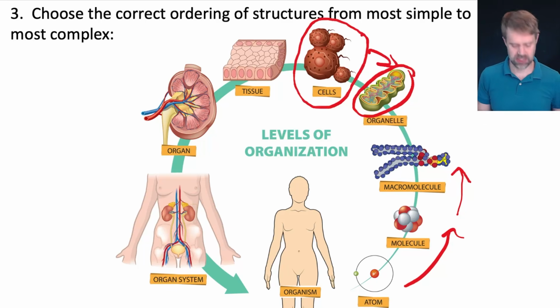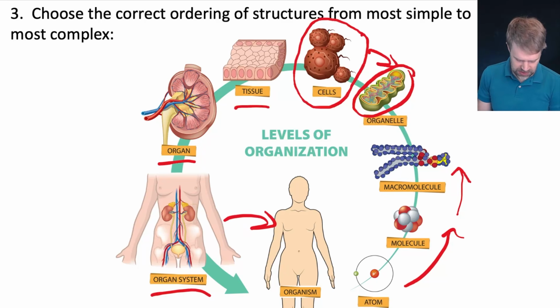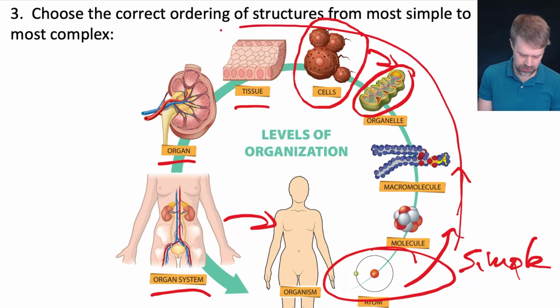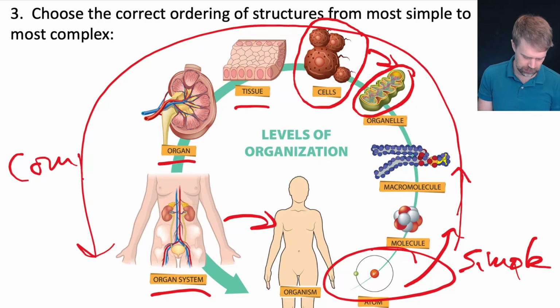Put a bunch of cells together, we get a tissue. Put a bunch of tissues together, we get an organ. And put a bunch of organs together, and we get an organ system. Put a bunch of organ systems together, and we get an organism. So we're going from simple to complex. Simple all the way over here, super simple. Around the circle, more and more complex.